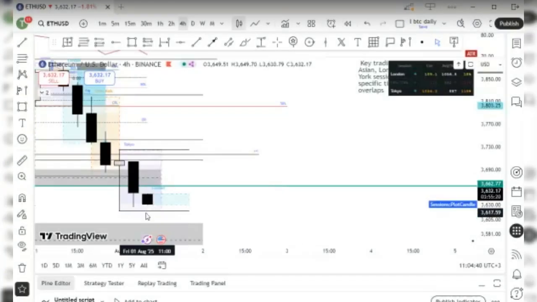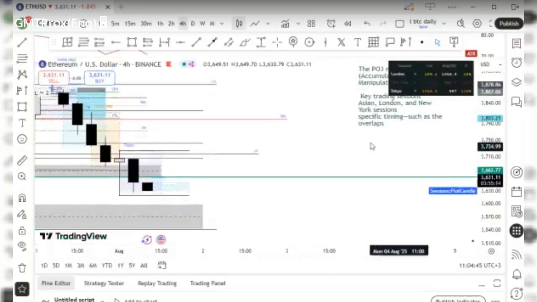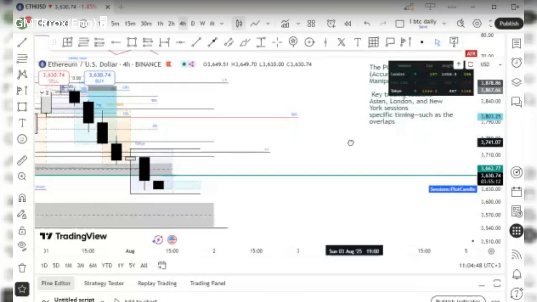It has to give us a manipulation. So we are going to see a manipulation here down by London. It will take this low. Now our entry should be the third candle, meaning the third candlestick should be higher than the previous candlestick which took the low.